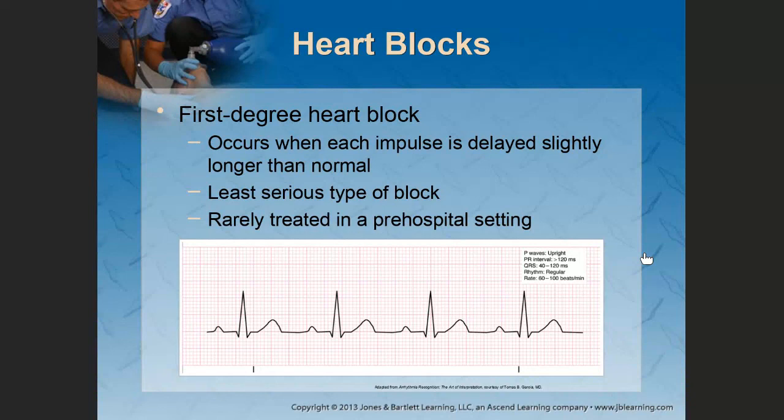All right. Can you see your P waves, and is it consistent? Right, so there is consistency. Is there a PR segment, and is it followed by a QRS complex and an ST segment?